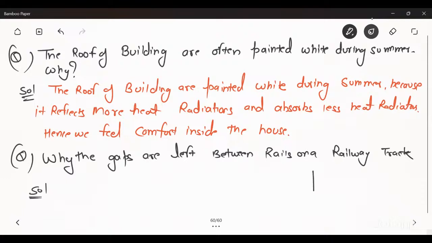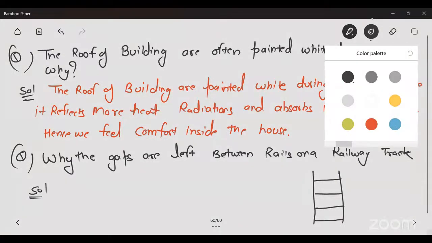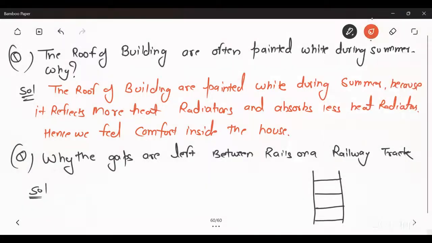You have seen in the railway track that these are the two tracks and they are attached to small iron strips. Why are they attached and why is there a gap between them? Because in summer the temperature increases, and if we increase the temperature, their length also increases. That's why some gap is left between the rails on a railway track.